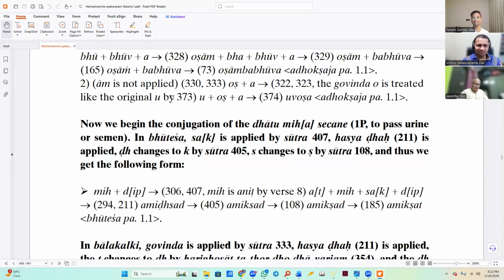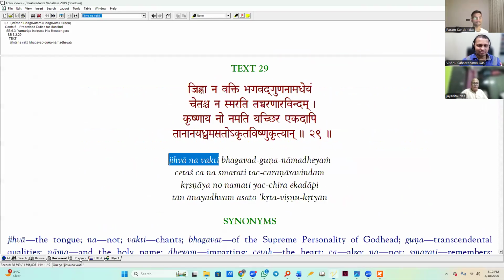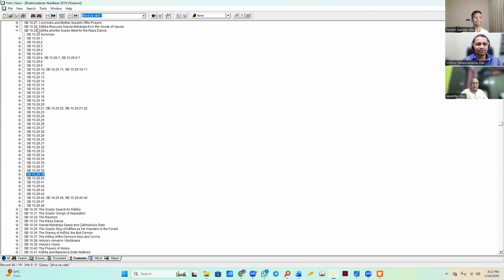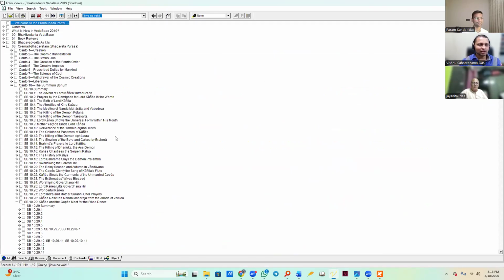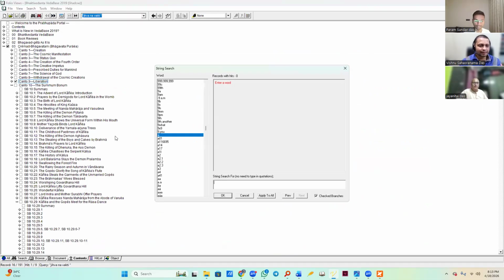I think it must be there in Bhagavatam, Lord Rama cursing or abusing Ravana. Something like, let's explore. One second. Ninth canto, right? Ram Leela.